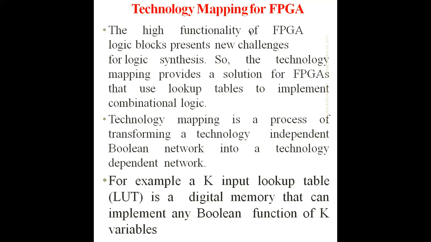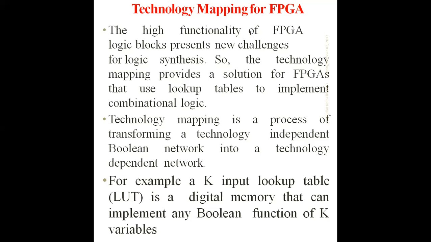Finally, we come to mapping, using three different approaches. One is the basic one: almost all FPGAs use the lookup table method, lookup table mapping. Second is the library. Third is the multiplexer. First we'll go for the lookup table.